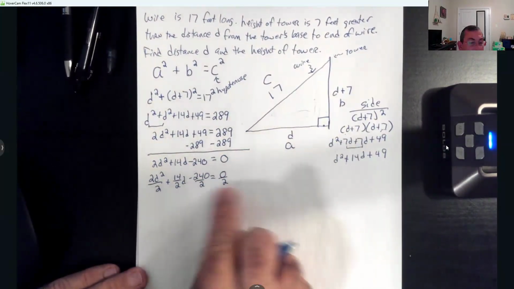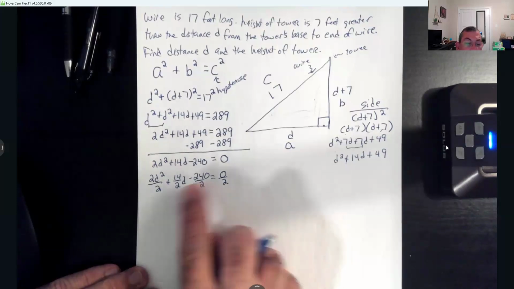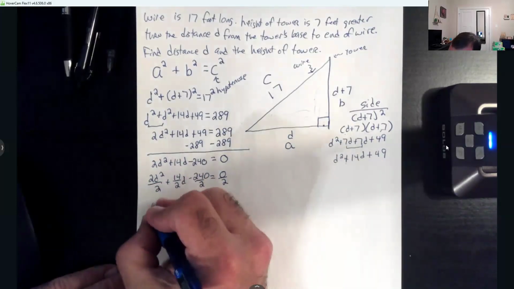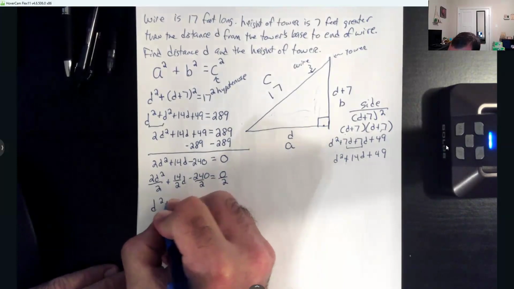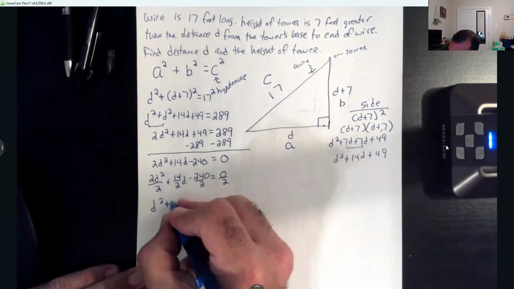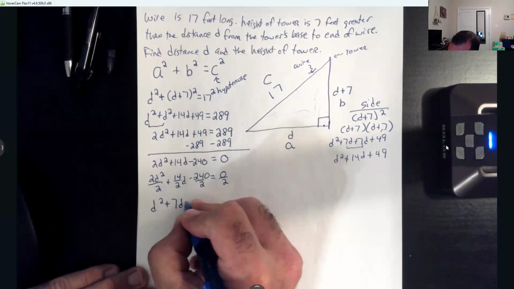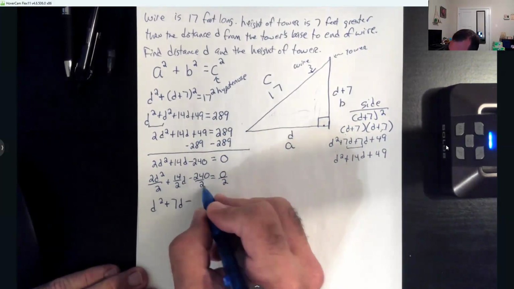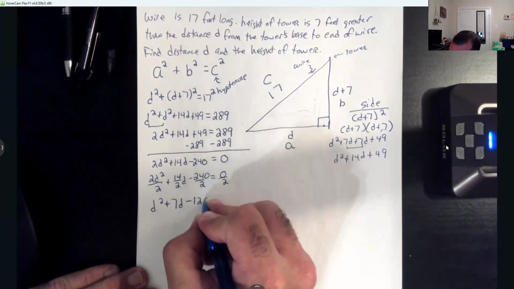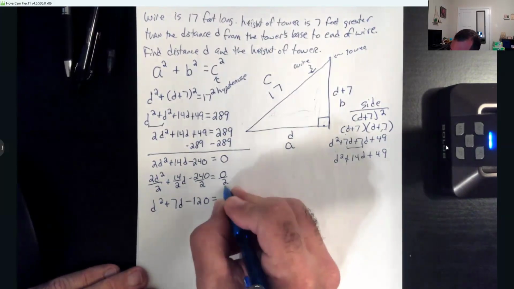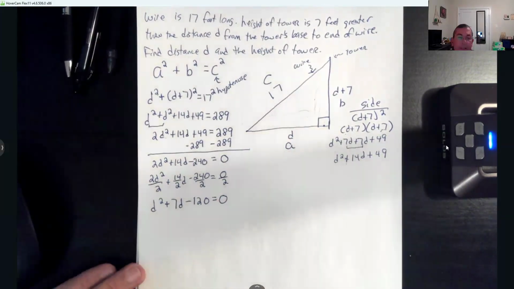Because as long as I do that to both sides, I'm good to go. So 2 divided by 2 makes that a D squared plus 14 divided by 2 makes it 7D minus 240 divided by 2 is 120 equal to 0 divided by 2 is 0.